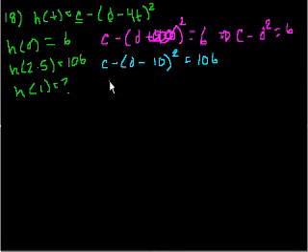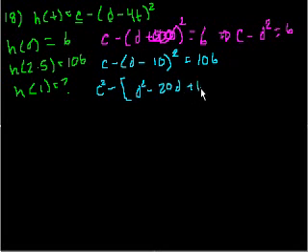And now if we want to multiply this out, just to see where this takes us, because actually I don't know where it will, you get c minus, and then I'll put it in brackets because this is going to be a long expression. Multiplying this out, you get d squared minus 20d plus 100. And all of that equals 106.